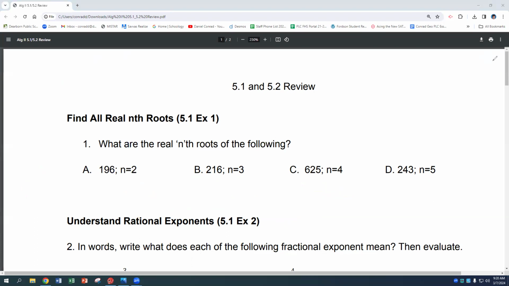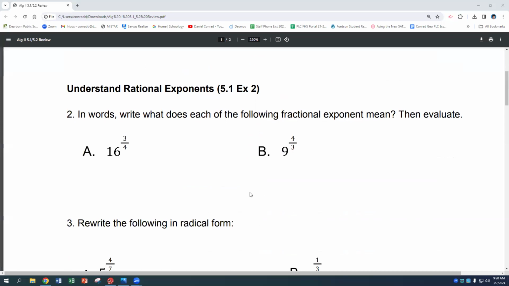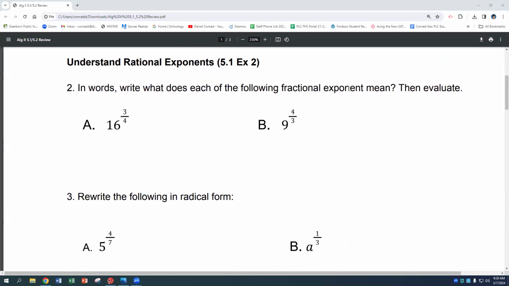Okay, the next one: in words, what does each of the following fractional exponents mean? Then evaluate. Let's first write this as a radical. If I convert this to radical form, this is going to be the fourth root of 16 to the third. Then we're going to write that in words.